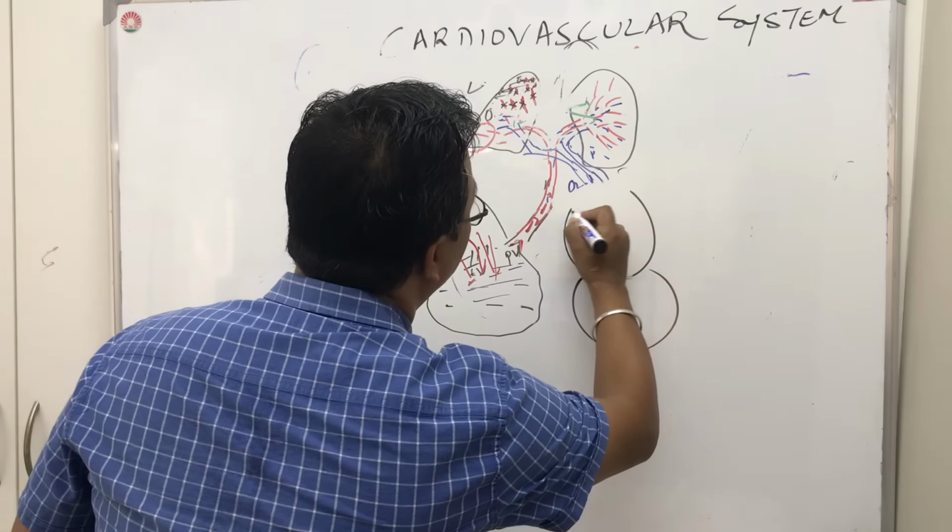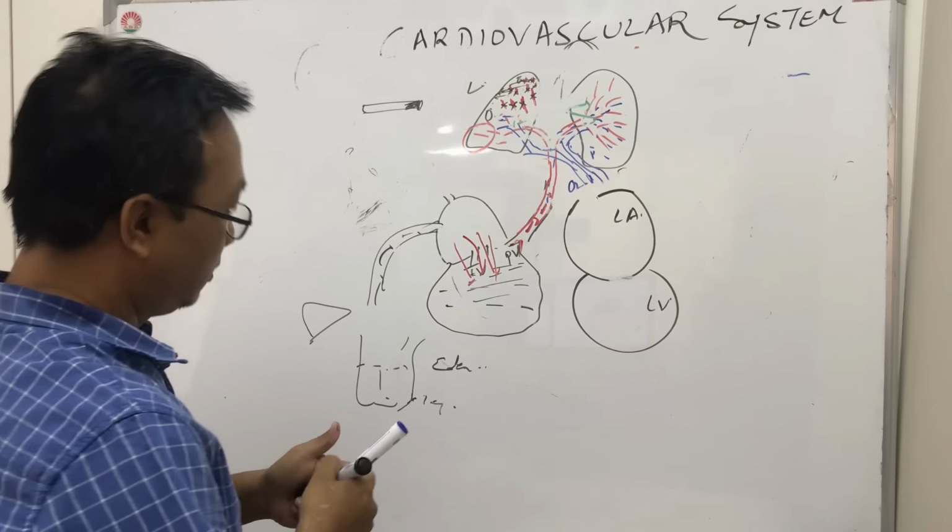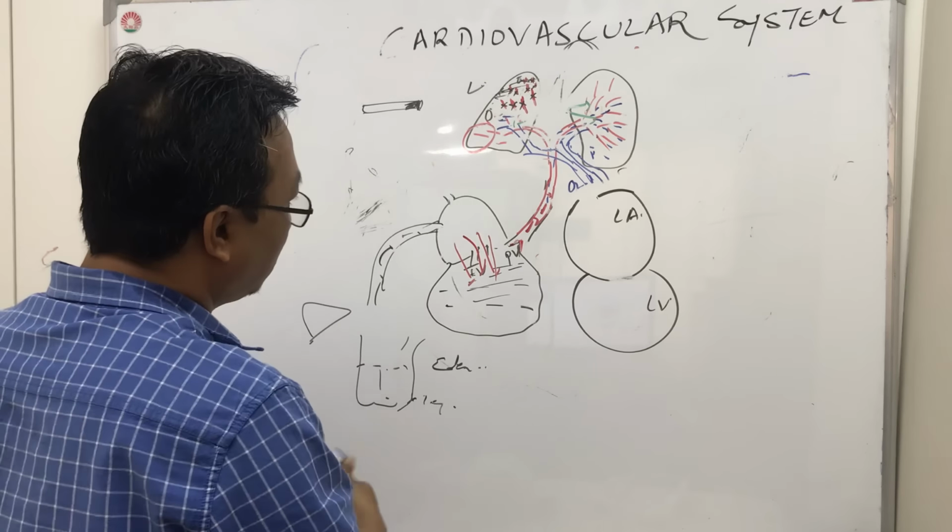Okay, left atrium, left ventricle. And from the left ventricle blood goes out from here.